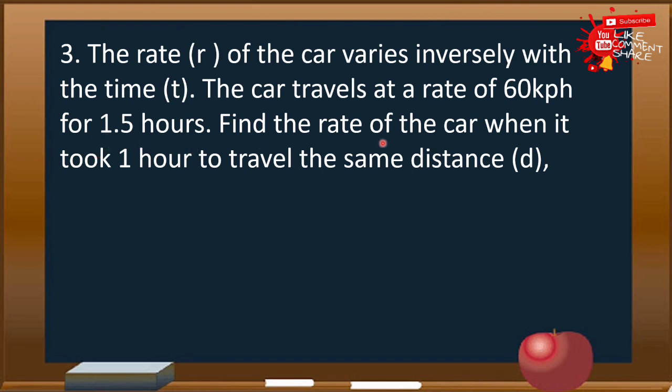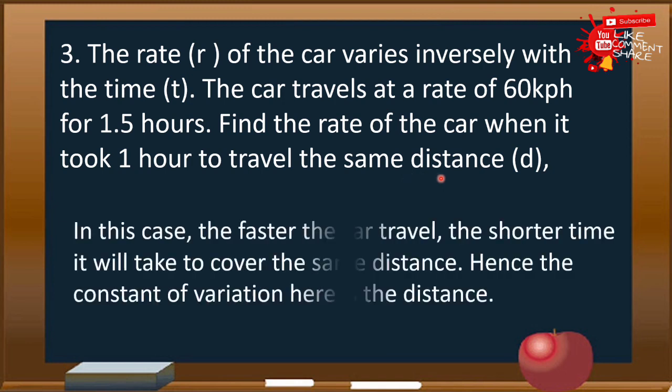Find the rate of the car when it took 1 hour to travel the same distance. Okay. In this case, the faster the car travel, the shorter time it will take to cover the same distance. Hence, the constant of variation here is the distance.